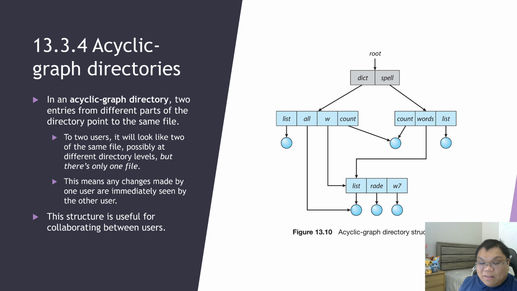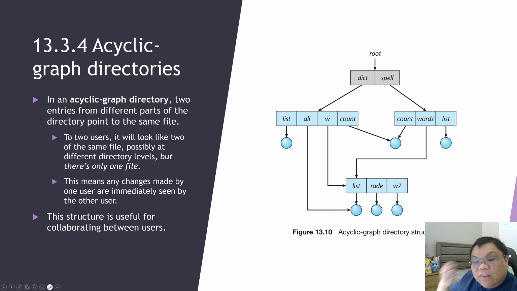Sure, you can have two users have a copy of the same file, but you'd be saving the same file twice. What if we could just take pointers from two different places in the directory and have them point to the same file? That's what's going on in what is called an acyclic graph directory, where we can have two pointers to the same file.